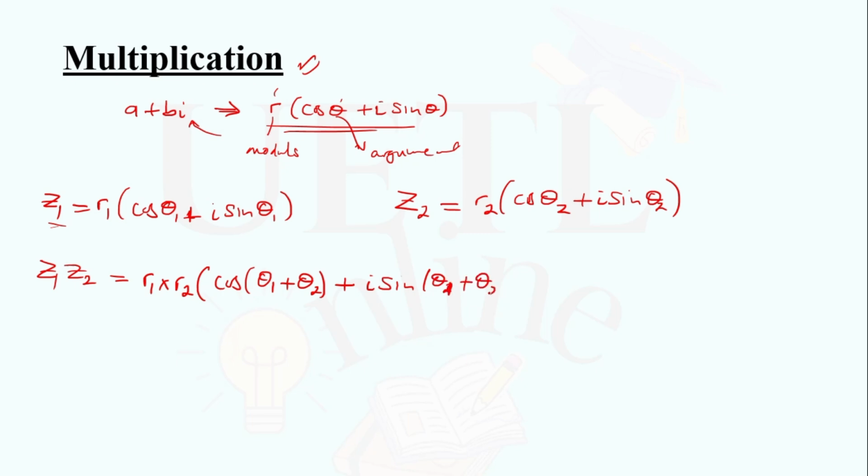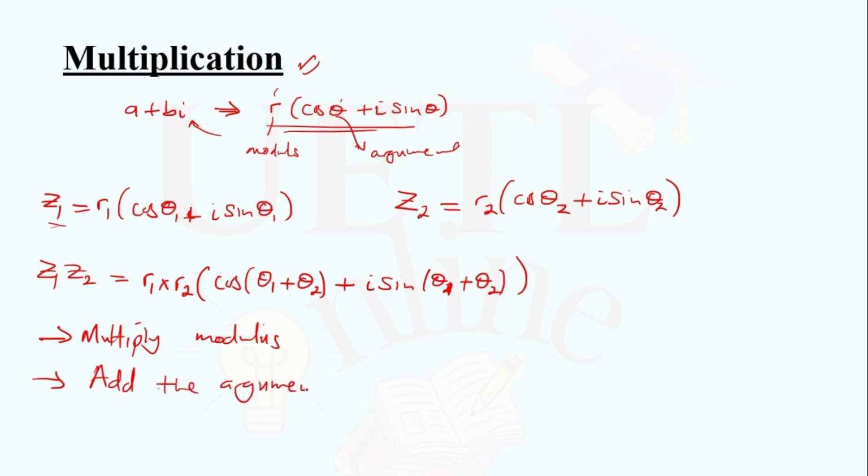The rule for multiplication is: first, multiply the moduli. Second, add the arguments. As simple as that, you have successfully multiplied these two.